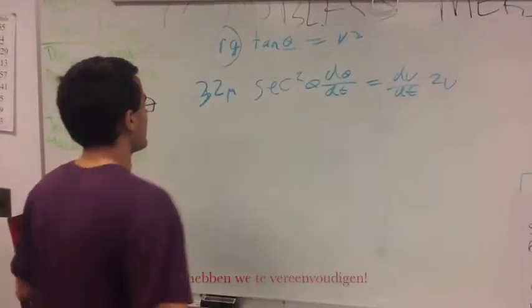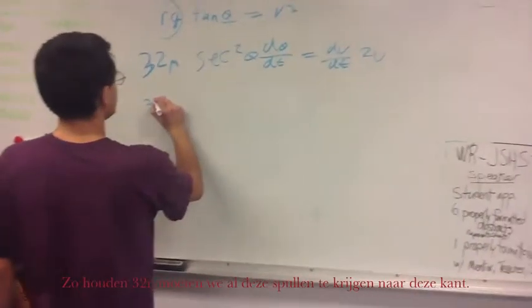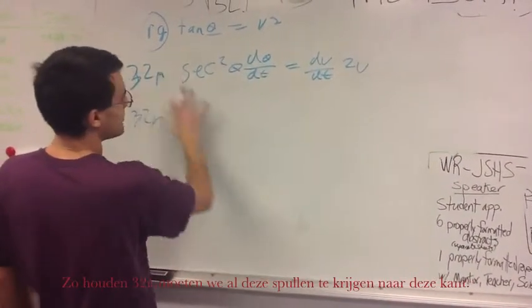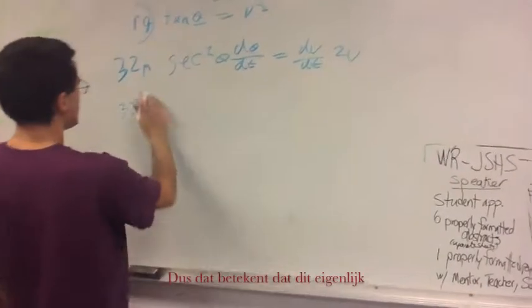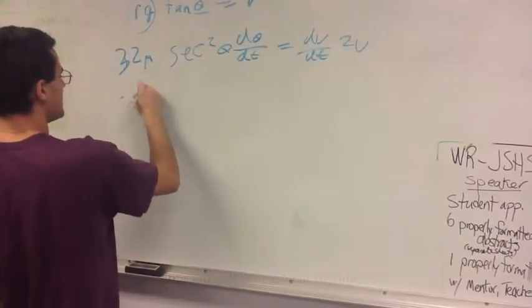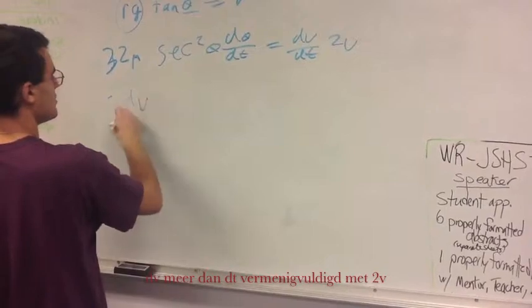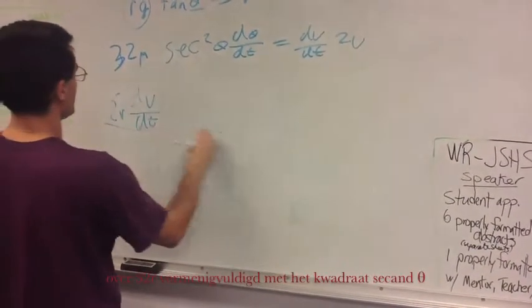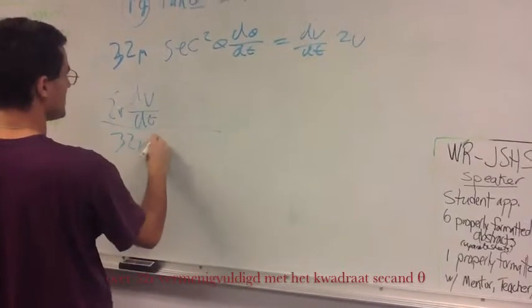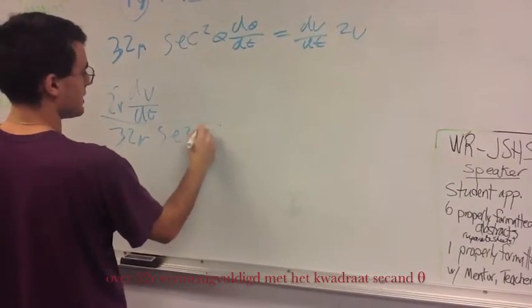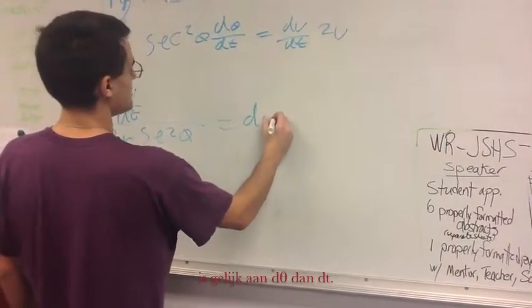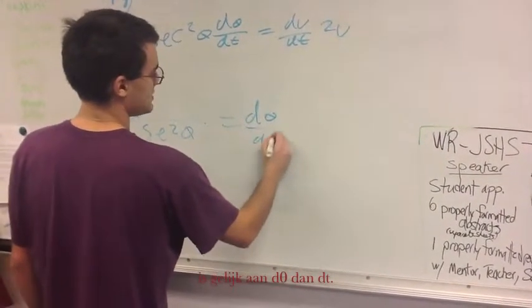Now we gotta simplify. So keeping 32r, we have to get all this stuff over to this side. So that means that this is actually dv over dt times 2v over 32r, secant squared theta, equals d theta over dt.